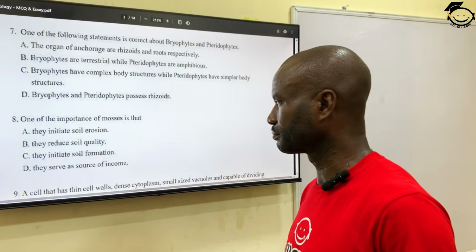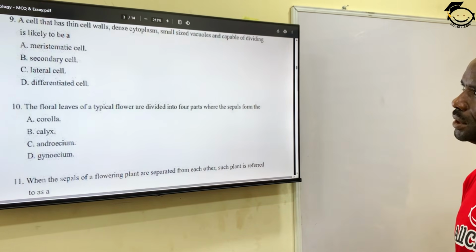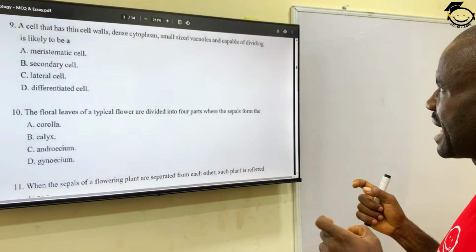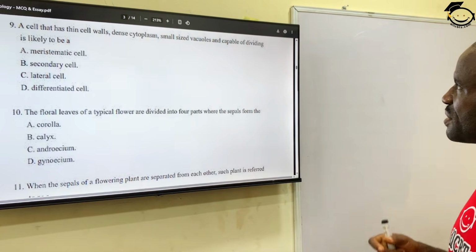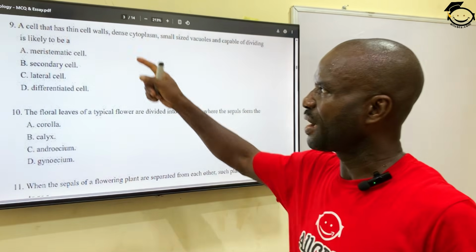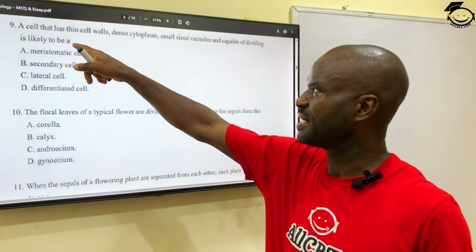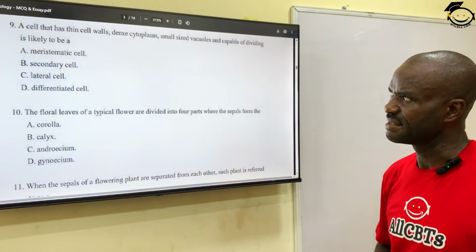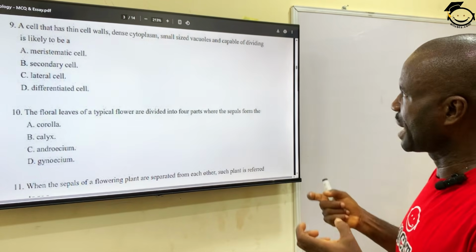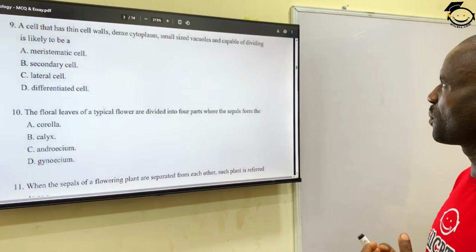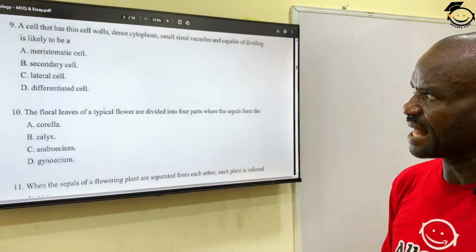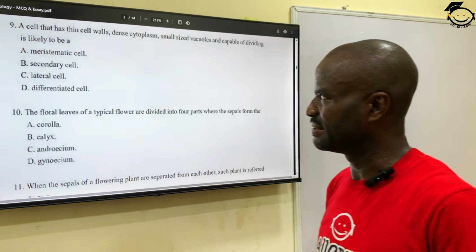Question 9. A cell that has thin cell wall, dense cytoplasm, small size vacuole, and capable of dividing is likely to be what? A. A meristematic cell.